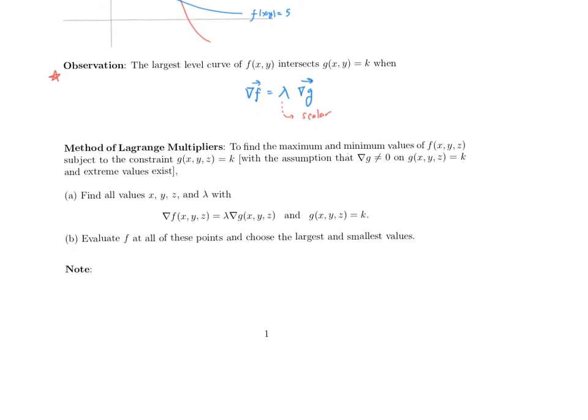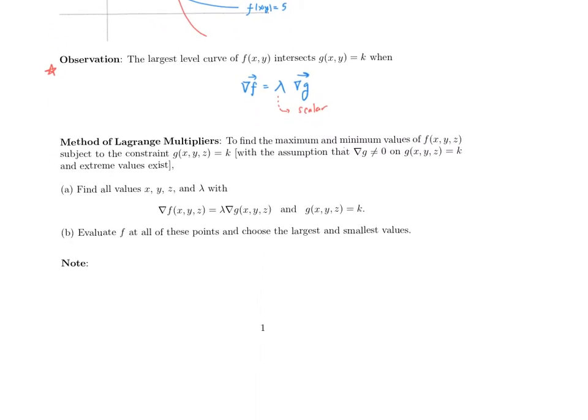So for the method of Lagrange multipliers, I'm going to go ahead and state it here in words, and then we'll look at a very nice concrete example that illustrates the idea. To find the maximum and minimum values of a function of, in this case I'll say 3 variables, but it works just as fine with 2 variables as well, subject to some constraint.